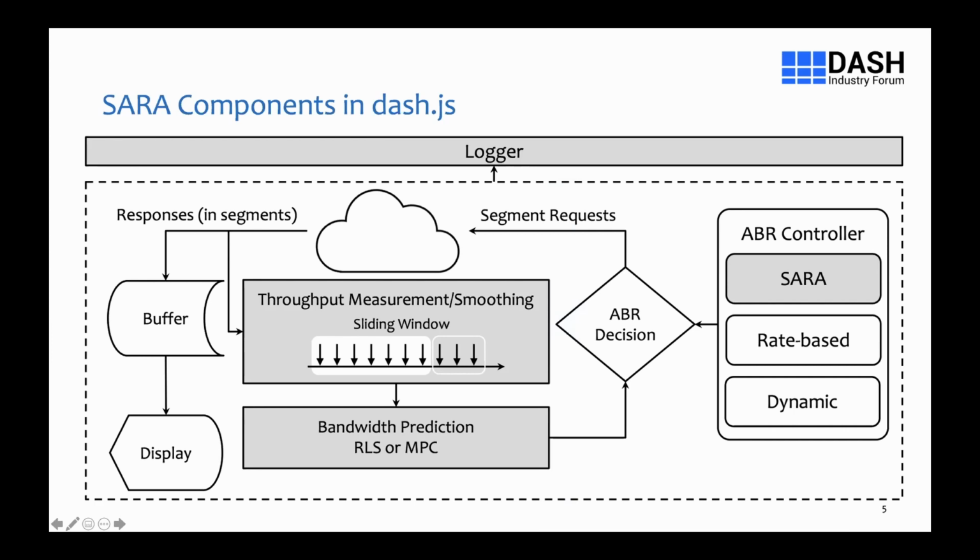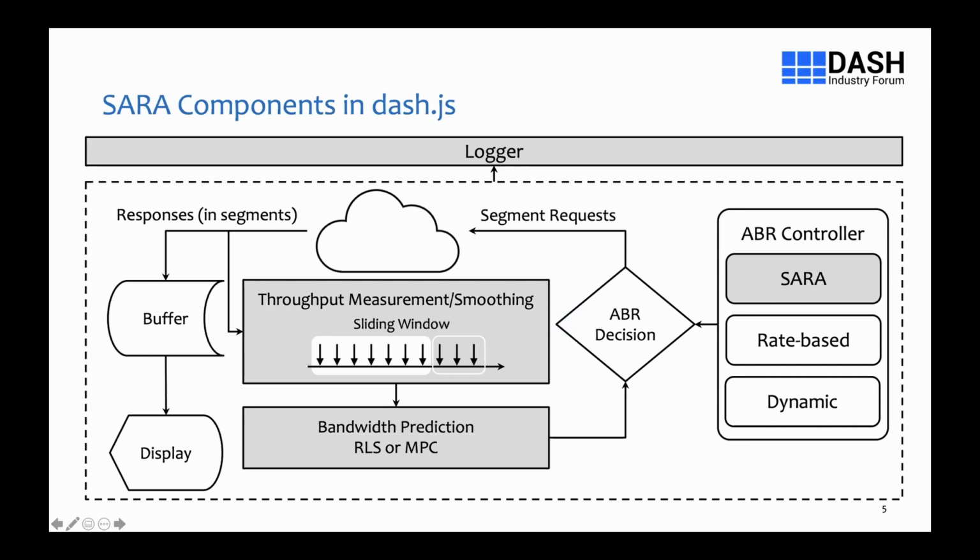So this is the basic component architecture for dash.js. And as you can see, there are a number of ABR rules, rate-based and dynamic, in the bottom right corner. They are the built-in functionalities. And what we are proposing in this work is called SARA, which is size-aware rate adaptation. So that's a component we implemented.